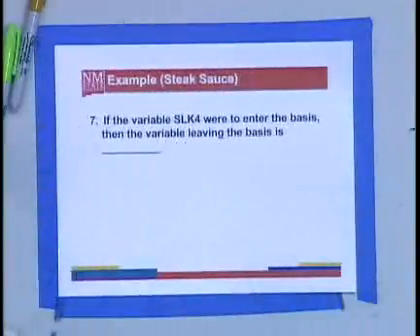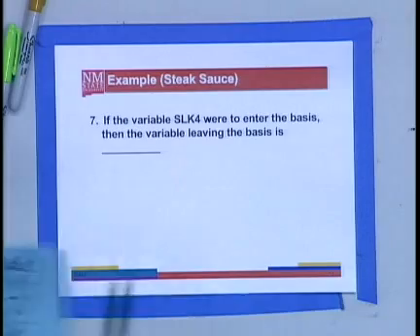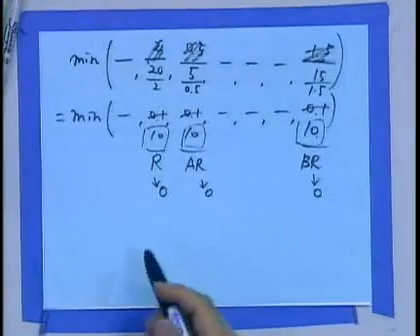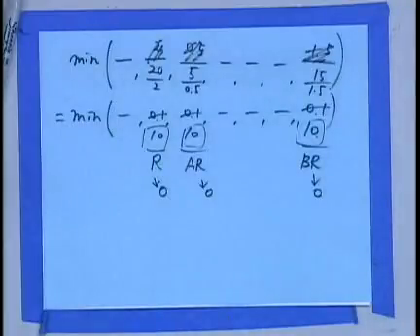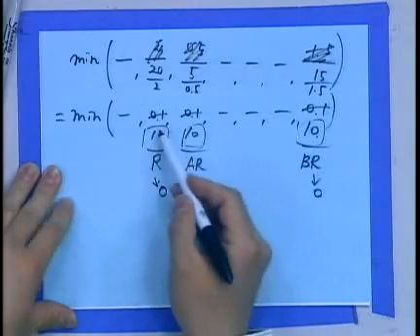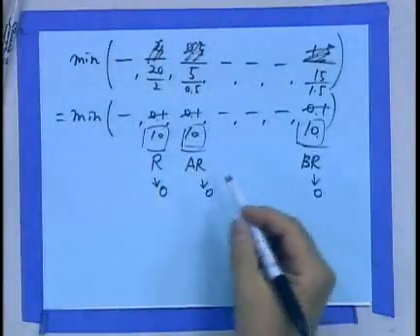Okay, what about number 7? If the variable slack 4 were to enter the basis, then which variable will leave the basis? Well, I think we've already done this in the previous question. According to the minimum ratio test, there are 3 possible pivot rows: row number 3, 4, and 8, right?